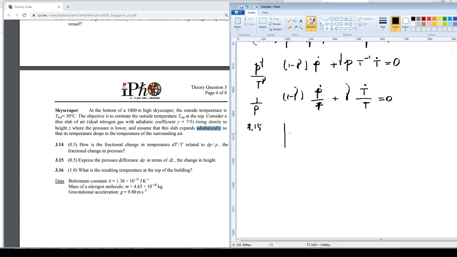So if we imagine we have a column of air, this is at a height z.